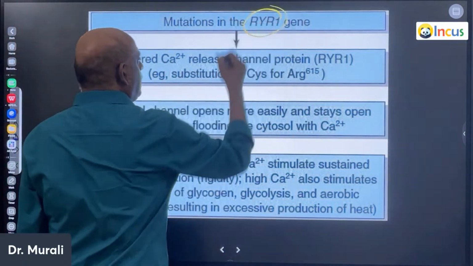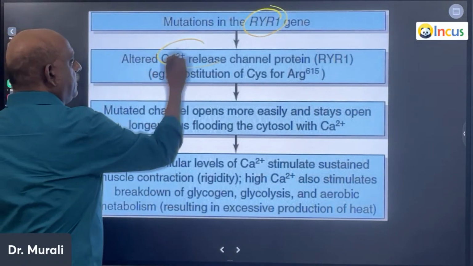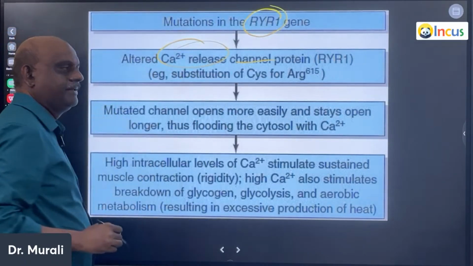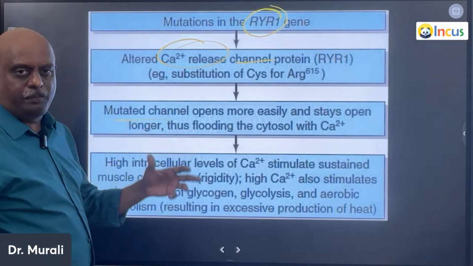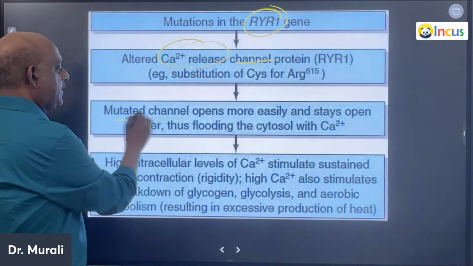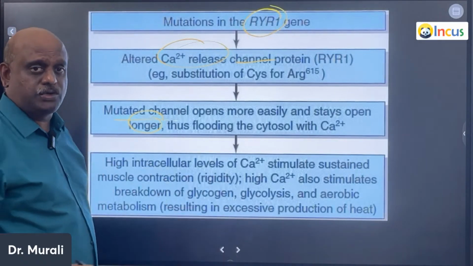Whenever there is any mutation in the ryanodine receptor, there is an altered calcium release channel protein, and this mutated channel will open very easily and stay open longer, and that will flood a lot of calcium into the cytosol.